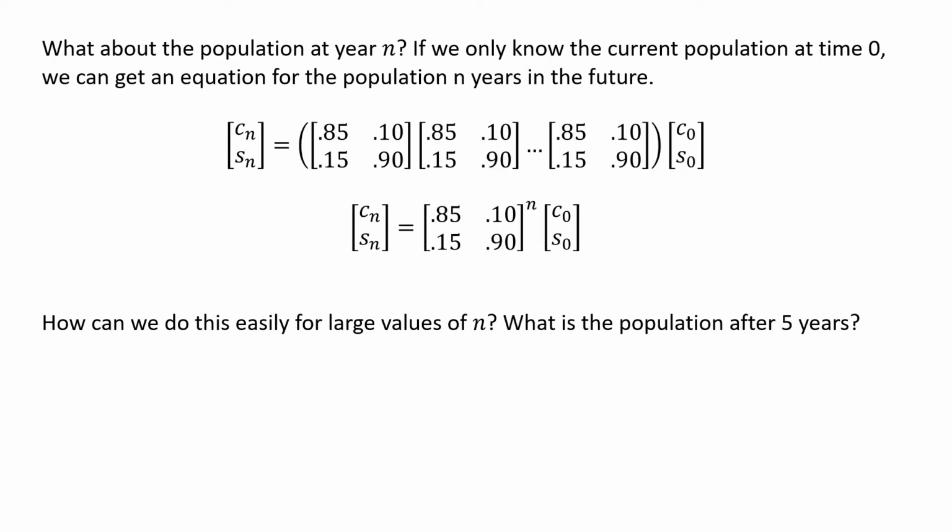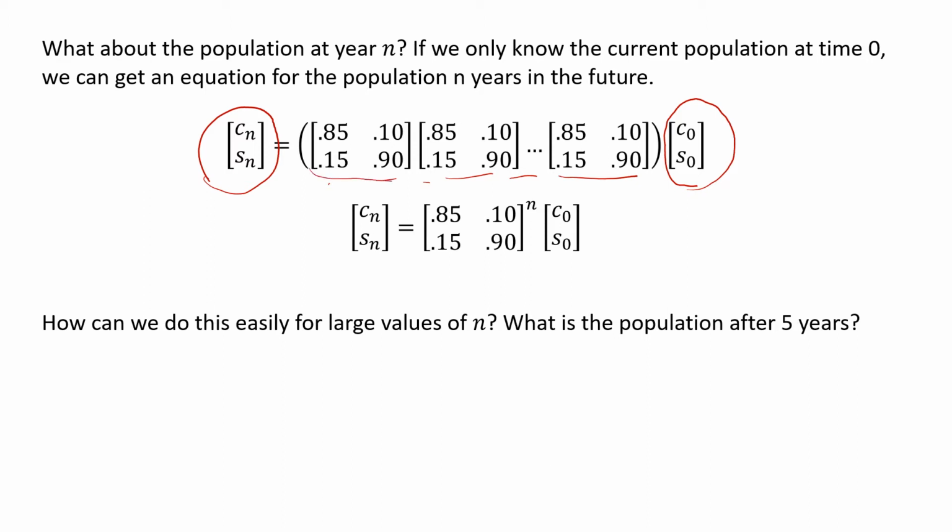But what if you want to forecast way ahead into the future? Well, you can do it 1 year at a time. You can take your starting population, multiply it by the matrix once to get year 1, multiply it by the matrix again to get year 2, 3, 4, 5, and so on, doing matrix vector multiplication over and over again, and you'll eventually get your population in the future.